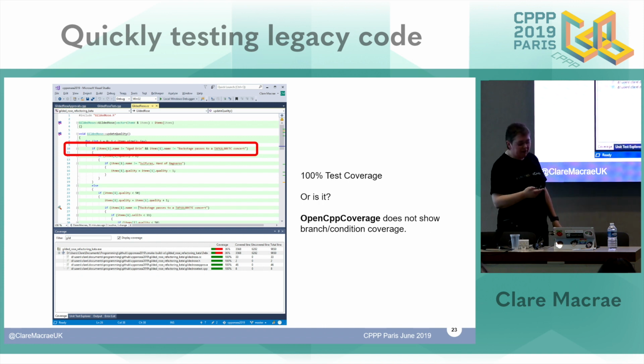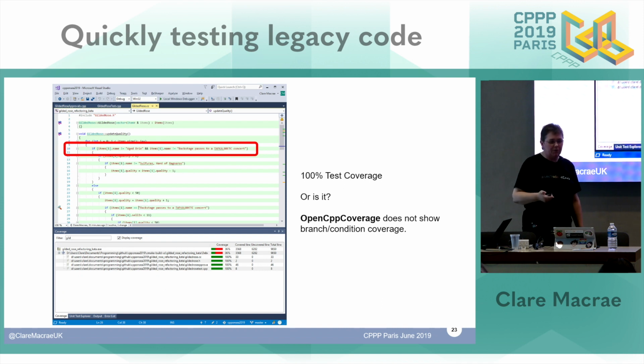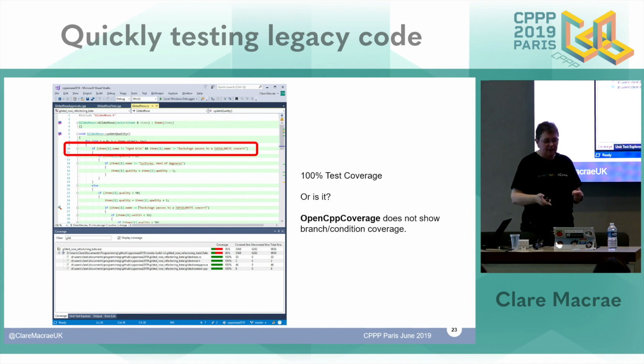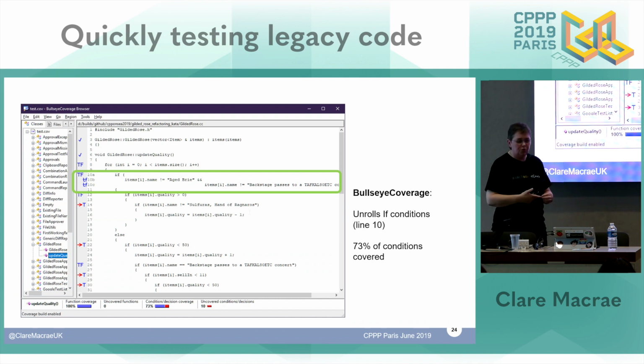But the line that's highlighted in red is an if statement with effectively if A or B. So there are two conditions, each of which can be true or false. And this free tool, OpenCppCoverage, just says that line 10 was touched. With a different tool, a commercial tool called BullseyeCoverage, line 10 is presented differently here.